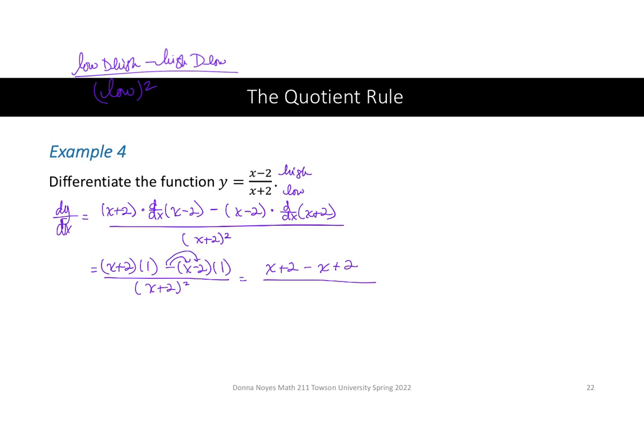And then on the bottom we have x plus 2 quantity squared. So really what happens is these x's cancel out, and we end up with just 2 plus 2, which is 4. So our derivative here is going to be 4 over x plus 2 quantity squared.